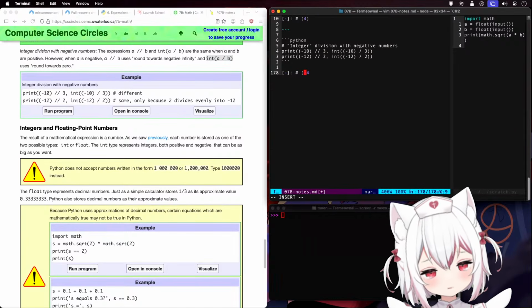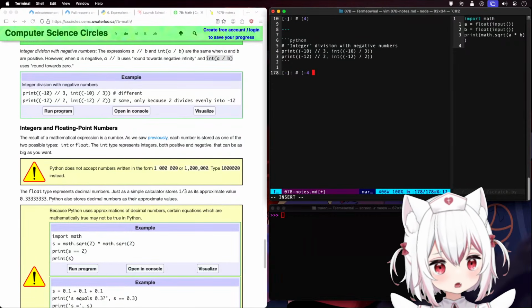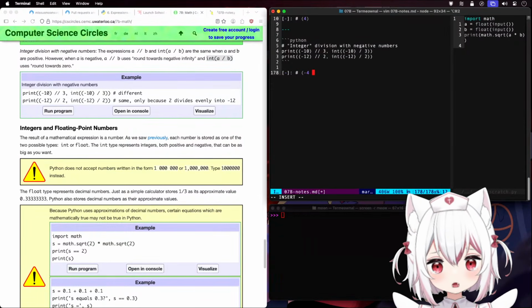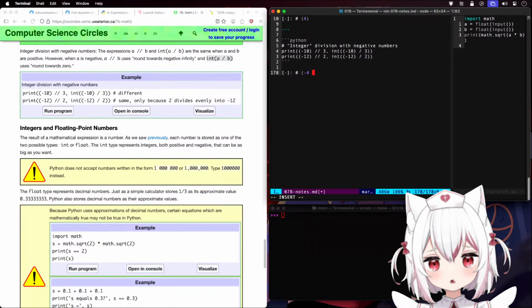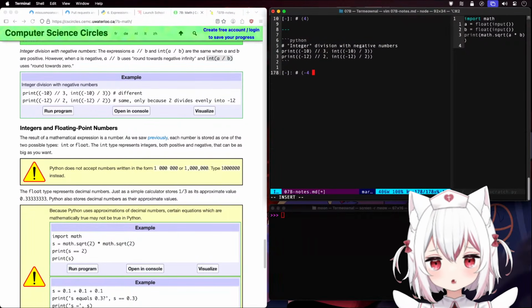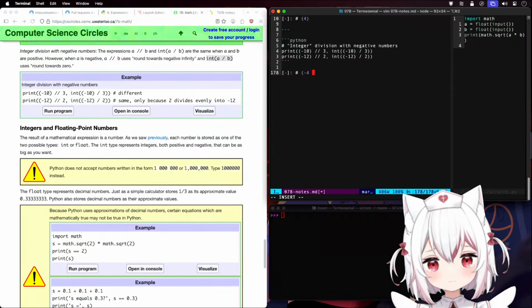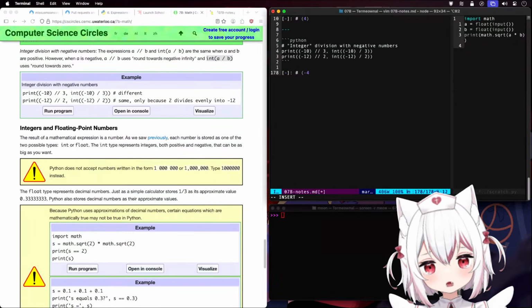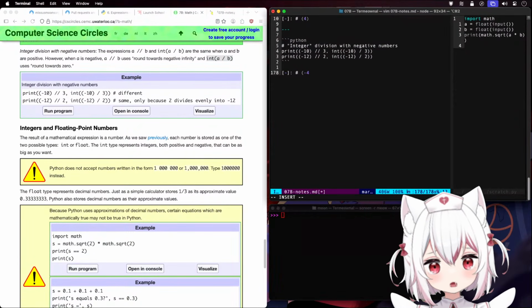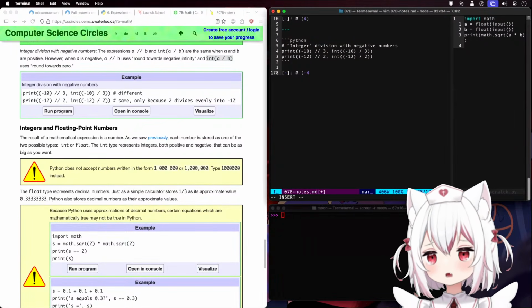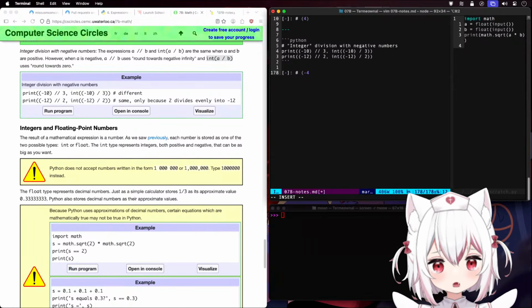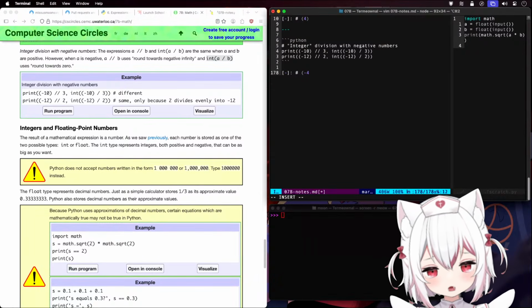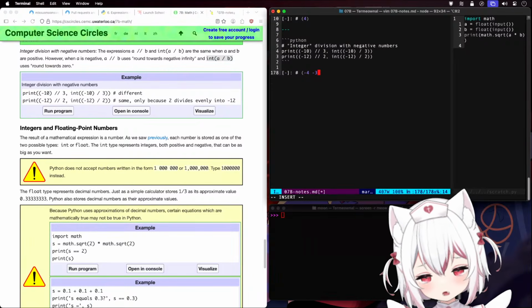And then integer division, negative 10 divided by 3 is negative 3, and then some extra things, negative 3 with the remainder. And then that's just negative 3, isn't it?